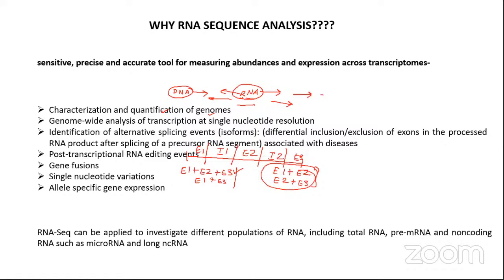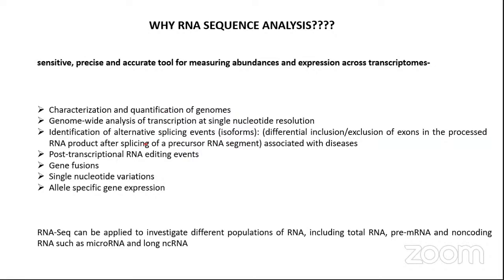By doing this, we will know that this particular mutation is happening, so this splicing is happening, and this is related to my disease. So I can provide a treatment to try to repair this phenomenon, so that alternative splicing will not happen, and it will return back to normal splicing. This phenomenon is not at all possible to study from DNA data, but from RNA it is very much possible.